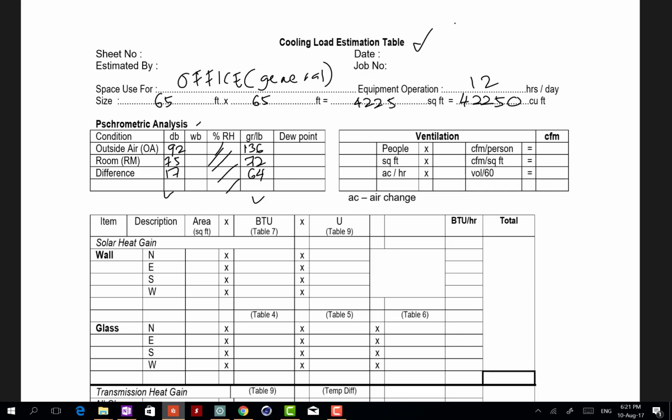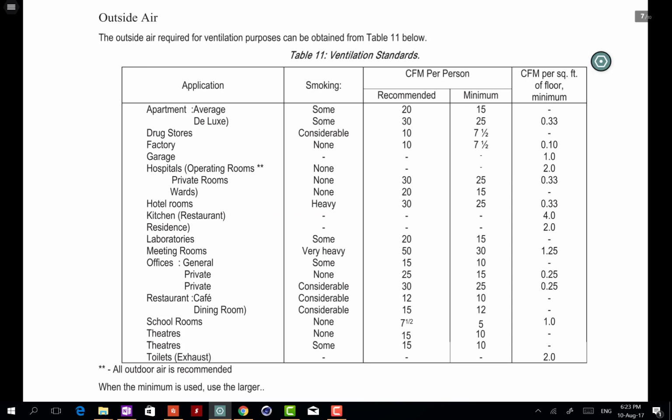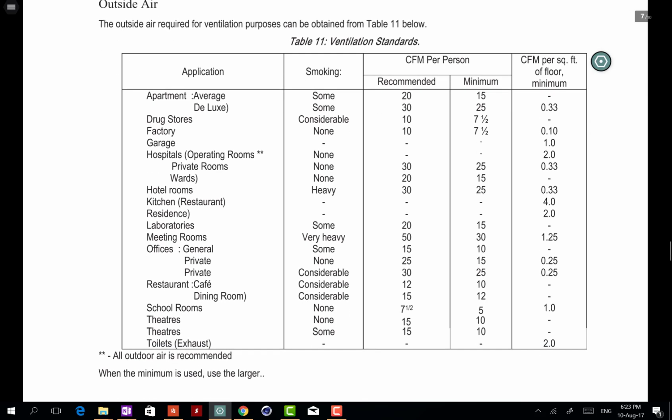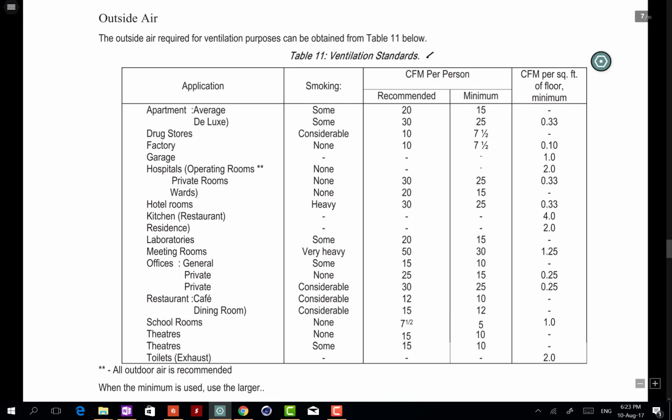Now we go for the ventilation. This office is equipped with 50 people, multiplied with CFM per person. To get the CFM per person, we need to refer to our cooling load estimation table 11, which is the ventilation standards.